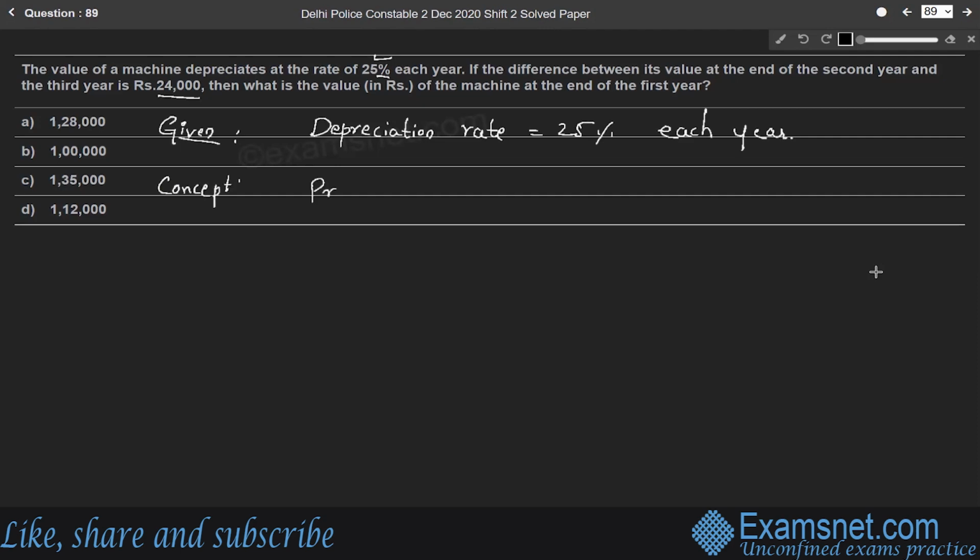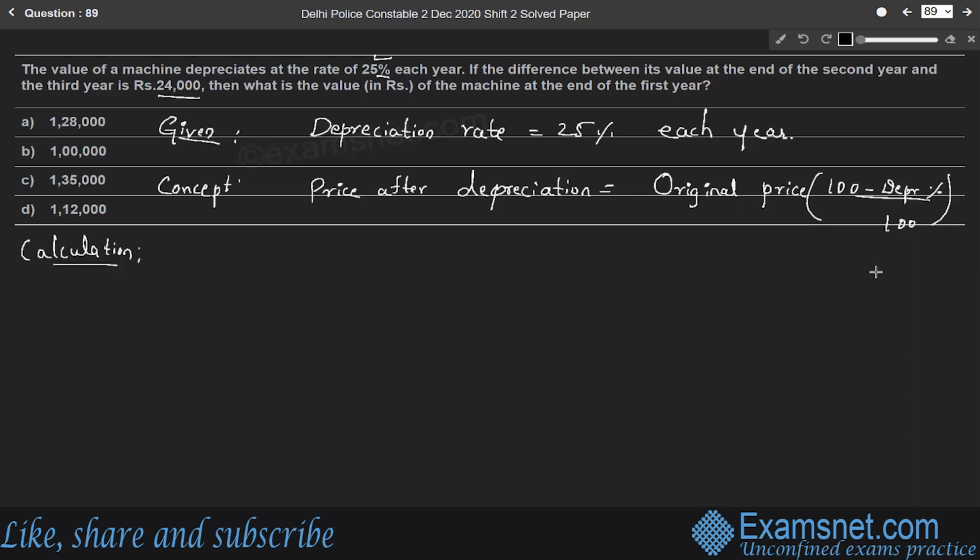Here, price after depreciation is equal to original price into 100 minus depreciation divided by 100, right?